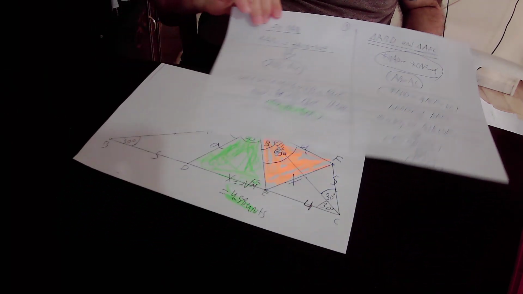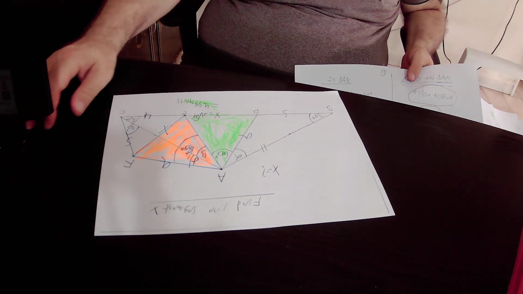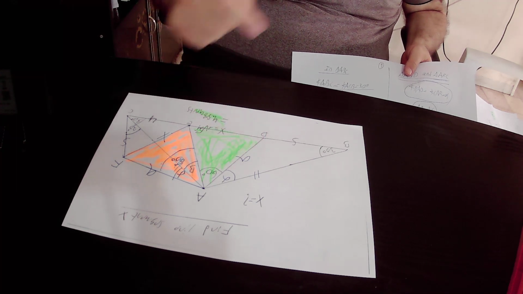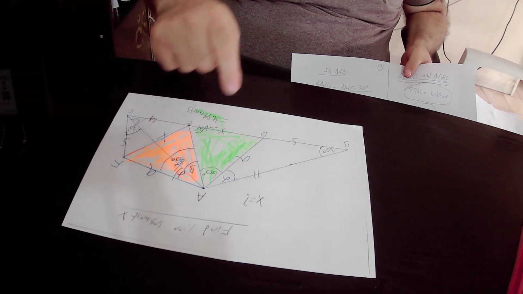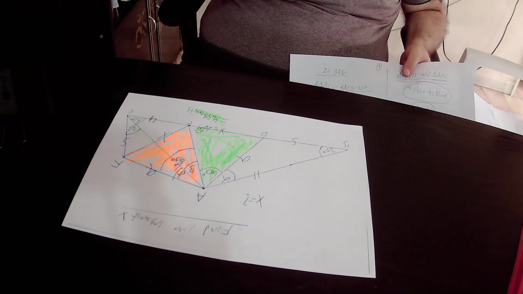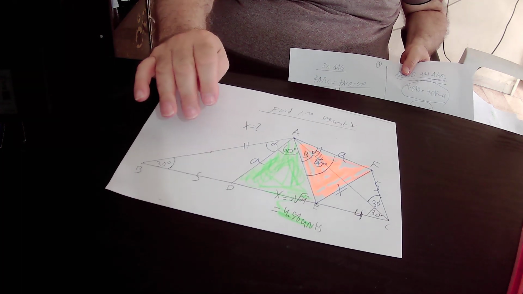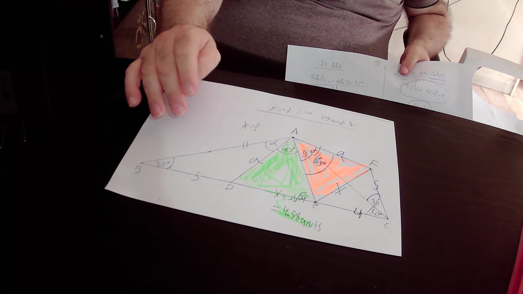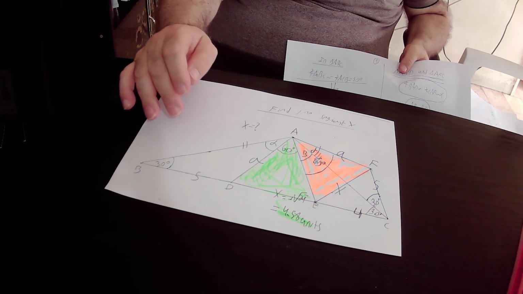Then we defined angle BAD as alpha, and we defined angle EAC as beta, and we also know that the sum of the angles in any triangle is equal to 180 degrees, and especially the sum of the angles in triangle ABC must be equal to 180 degrees.